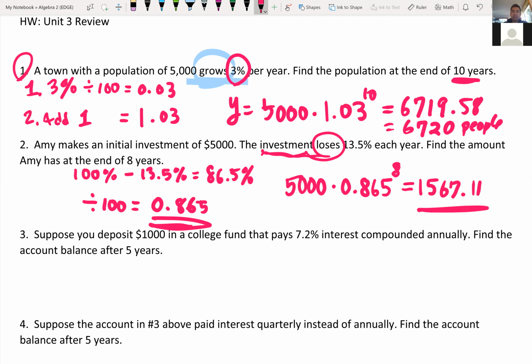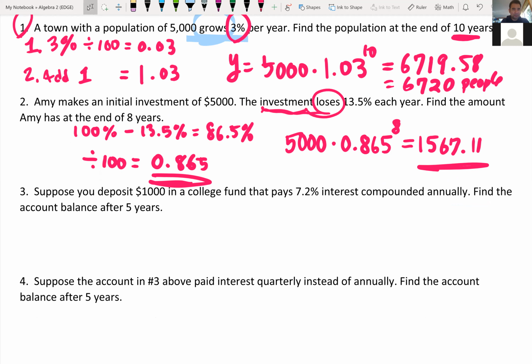So your $5,000 investment now is about 1,500. Okay, so that's not a very good investment, is it? Because you're losing that money.